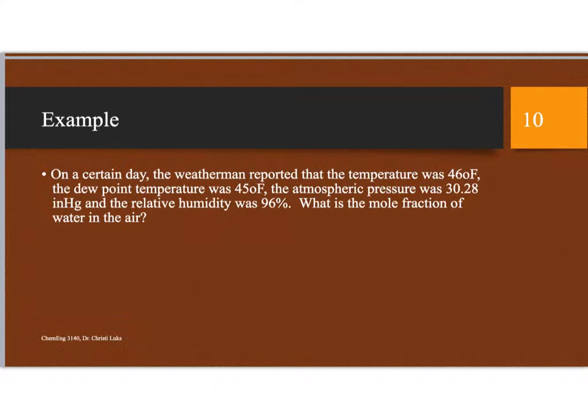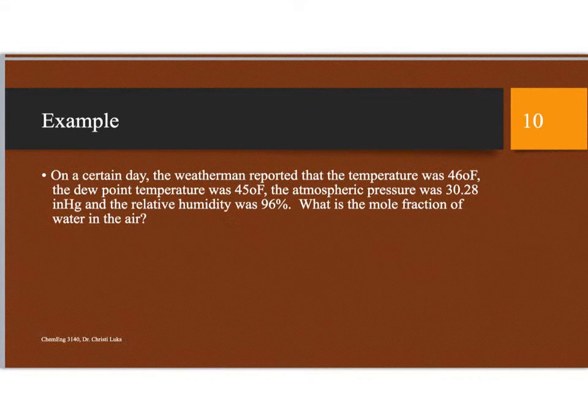So we need to identify this information. The 46 degrees Fahrenheit is what is known as the dry bulb temperature. This is just the standard temperature, the way we would normally measure it. We also have the dew point temperature, 45 degrees Fahrenheit.